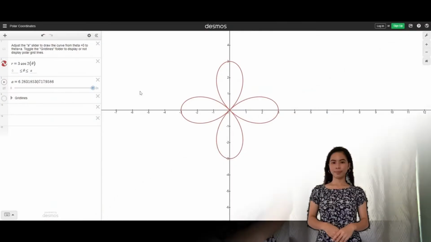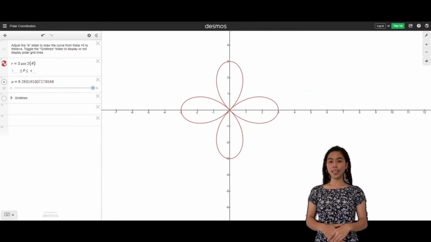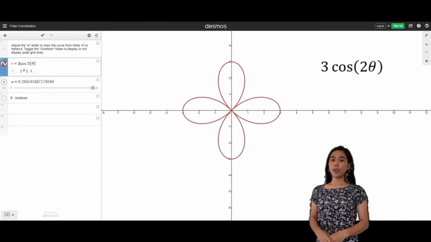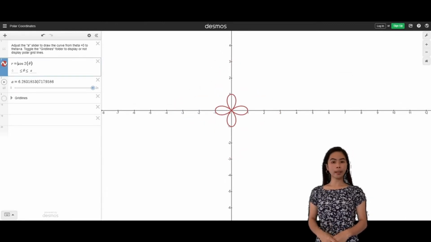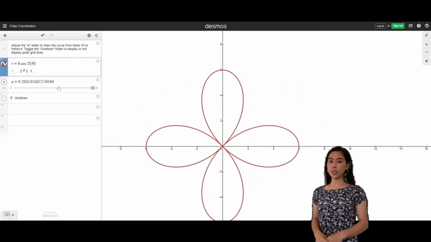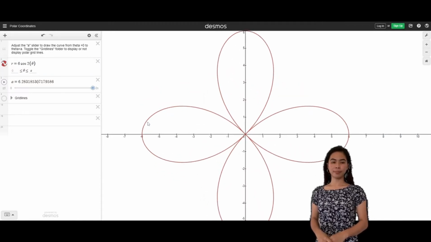Just like earlier, we will use this basis to simply explain the pattern of the curves: a, n, cosine, and sine. As we can see here, we have the sample equation. As the value of a changes, the range or length of the petal also changes according to the value we have substituted for a.